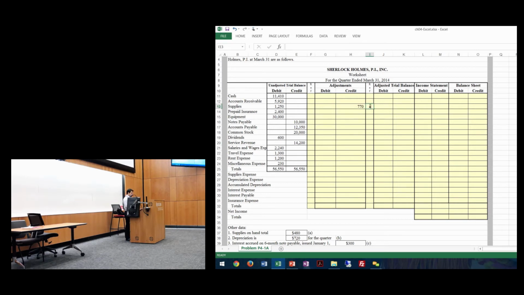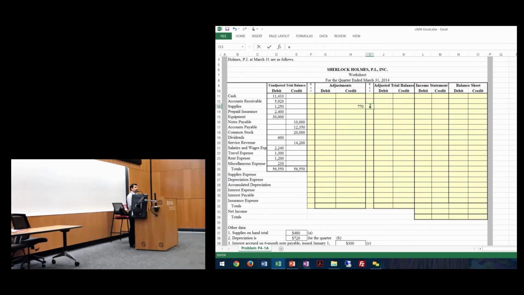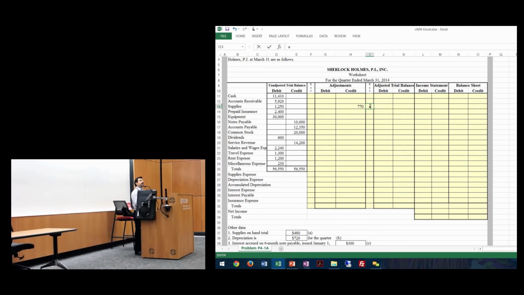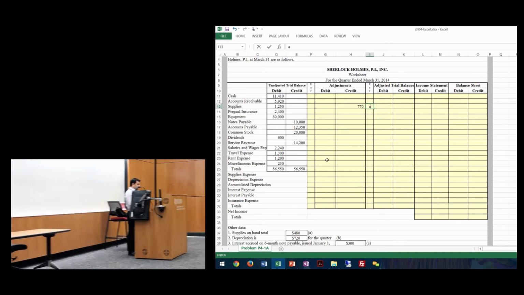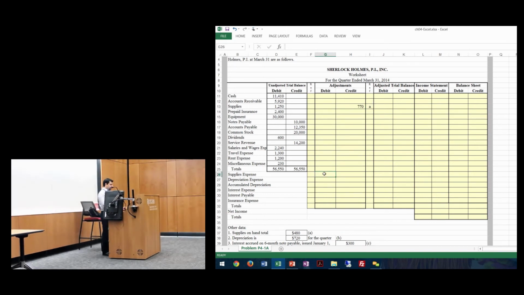Next to it you put A. What's the other side of the adjusting entry? Supplies expense. So now you need to debit supplies expense the same amount, 770. Again, next to the reference you put A.